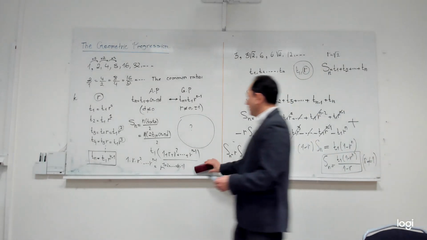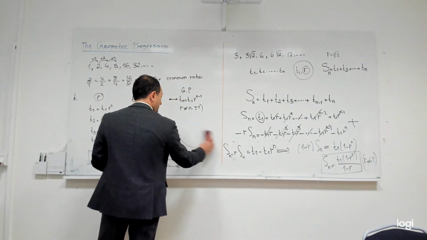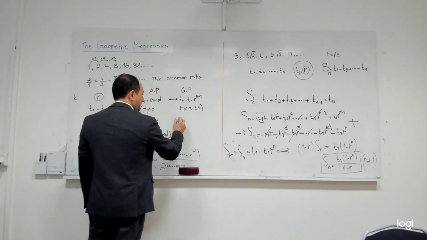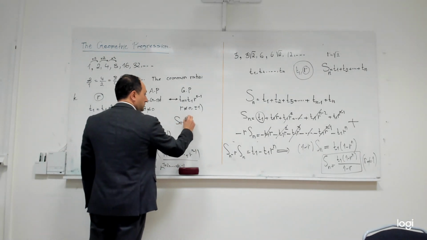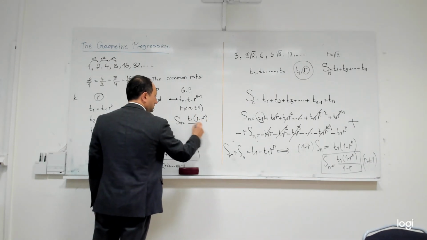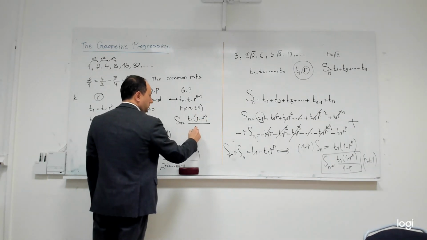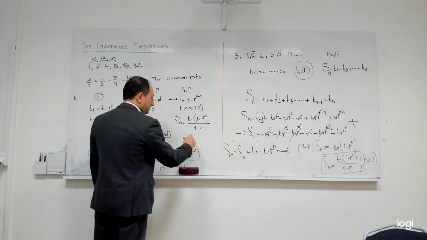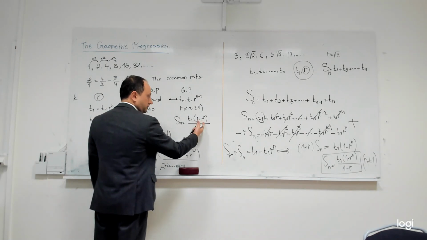So the question mark, I want to erase it and write this. I would write Sn is equal to T1 times 1 minus the common ratio to the power n, divided by 1 minus r. Or some books I have seen write it in a different order.